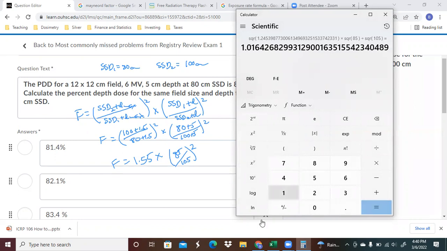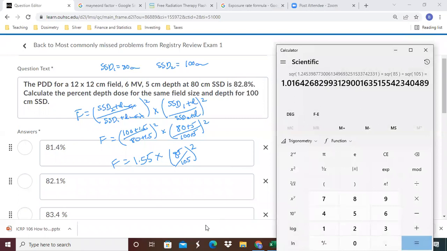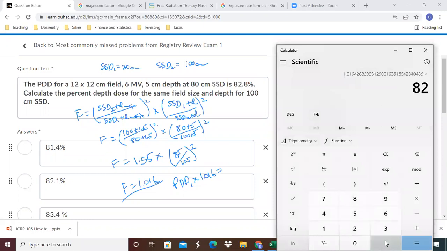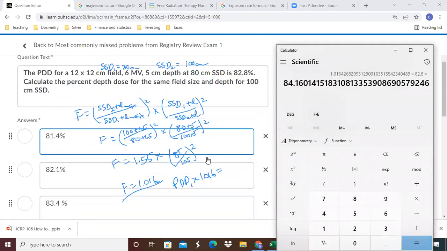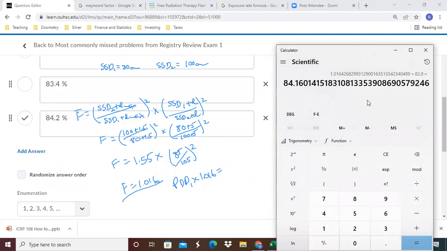As it turns out, Mayneord's F factor here is 1.016. This is what we'll end up multiplying the old PDD by to get to the new one. So I'm going to take that, multiply it by the old one, which is 82.8, and we get 84.16, or 84.2.